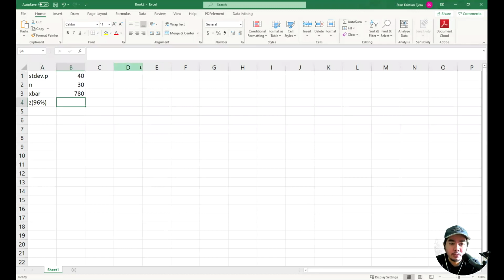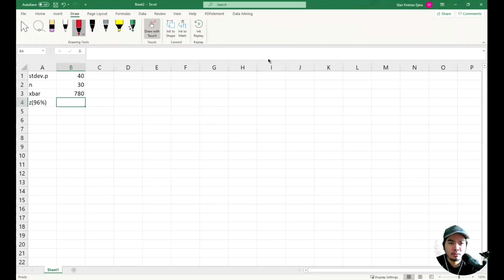So dito, if you remember yung normal distribution natin, and let me just draw. Kunwari lang may normal distribution tayo na ganyan. So when we say 96% confidence interval, then we are saying na we have 2% dito, tapos 2% dito. So that this is the interval which is what we are looking for, itong 96.